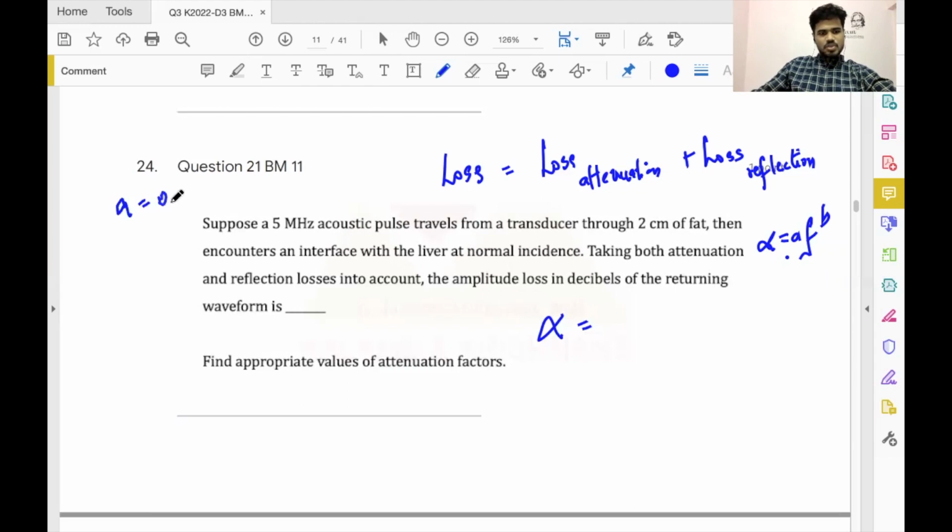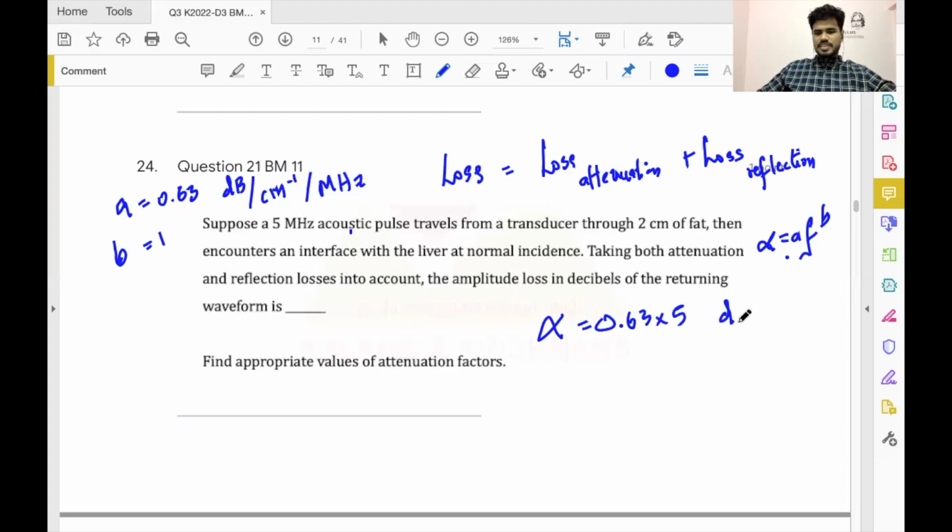A is 0.63, and the units should be decibels per centimeter per megahertz, correct? If A is given, B should be 1. Notice if you multiply A and f, you get alpha, and f is given.